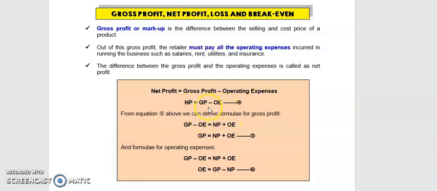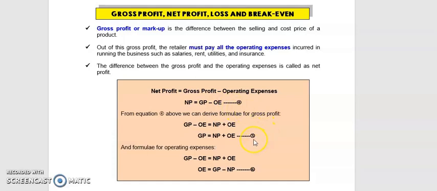If you look at this formula, net profit equals gross profit minus operating expenses. In this formula, we already include operating expenses. From this formula, you can derive another two formulas, for gross profit and for operating expenses.